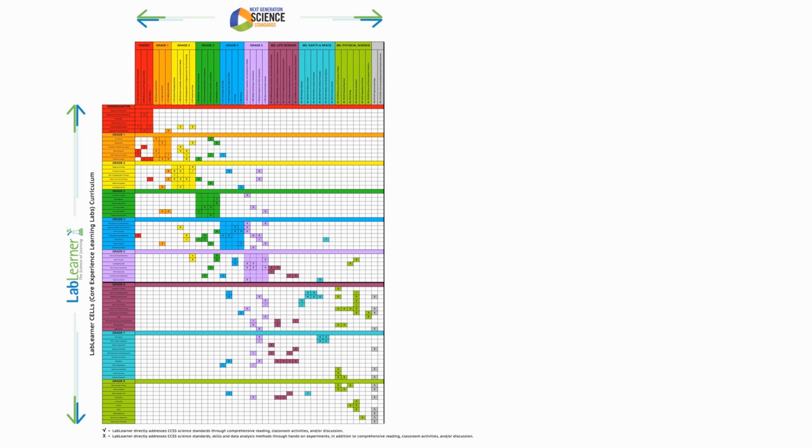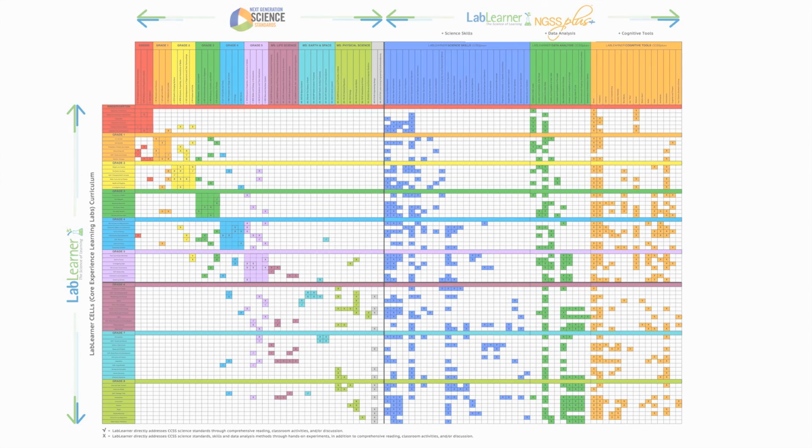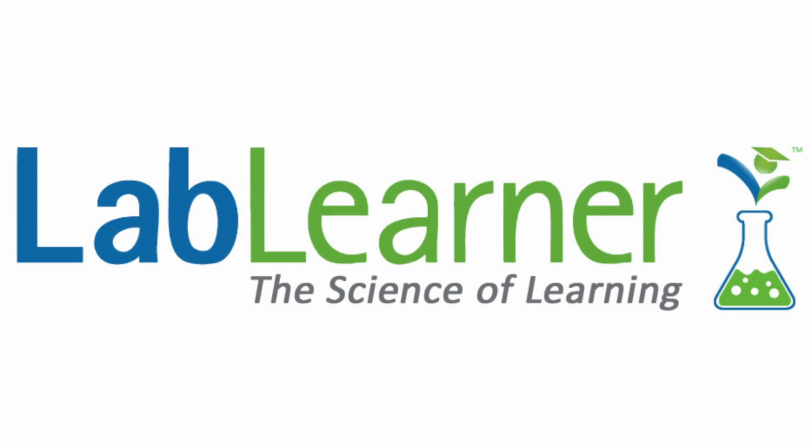In addition, you see the right side of the matrix includes skills, analyses, and cognitive processes that are so important for scientific thinking. So in addition to just meeting the next generation science standards, you are developing a way for your students to practice science and think scientifically. This is why we call this LabLearner Next Generation Science Standards Plus.